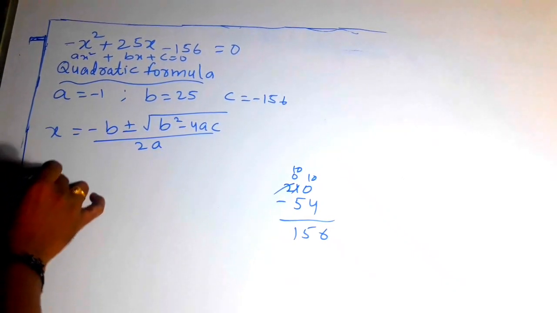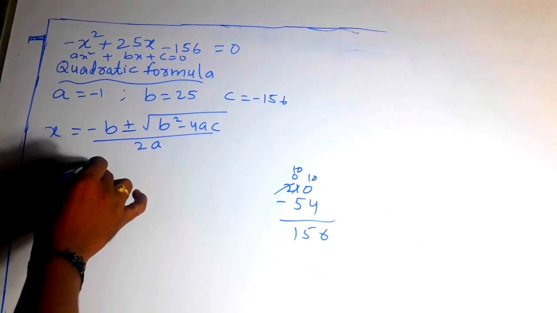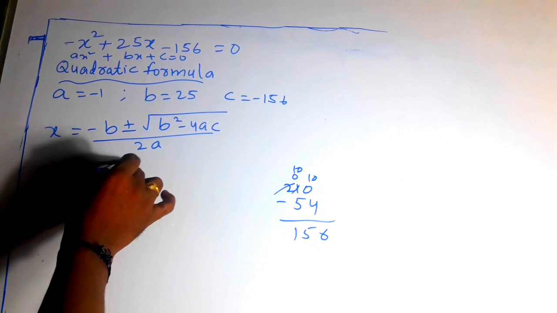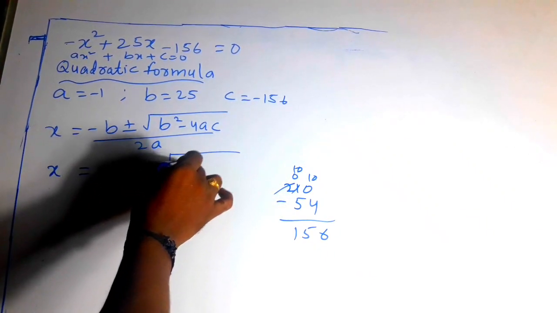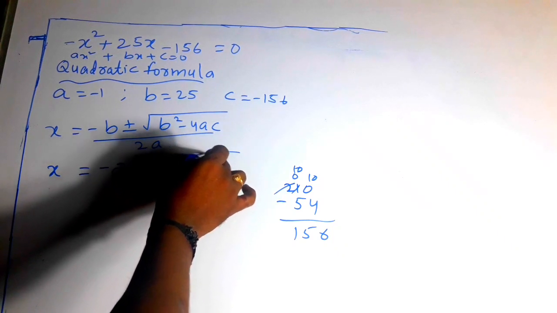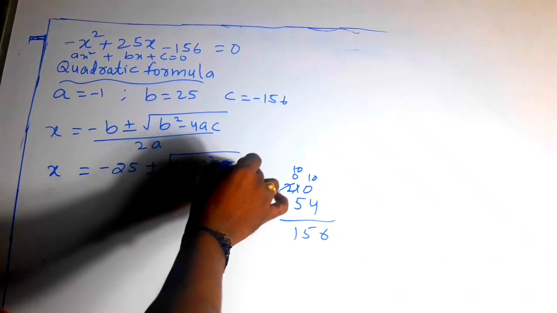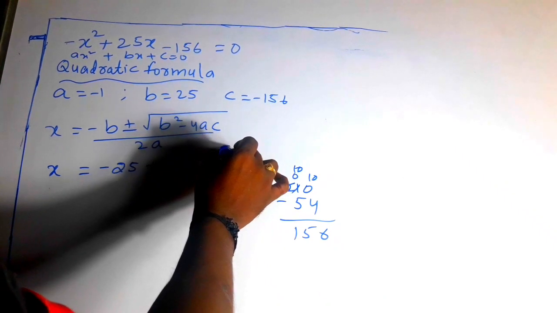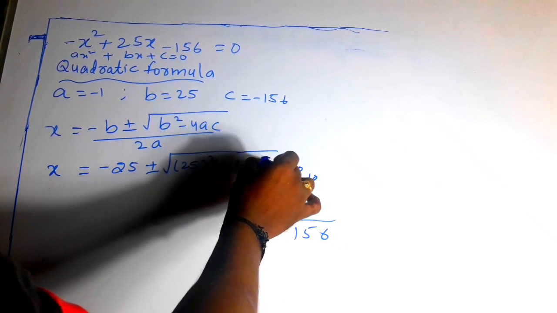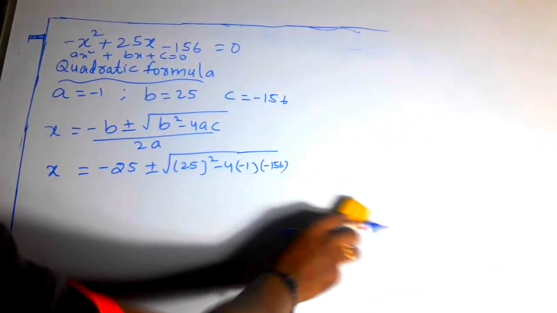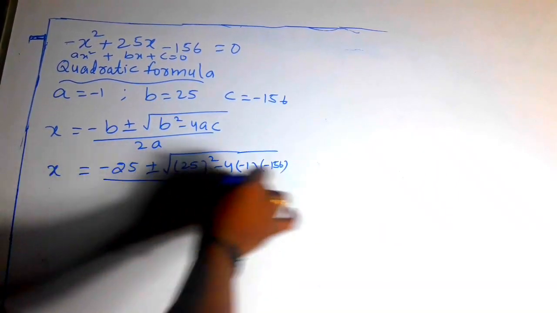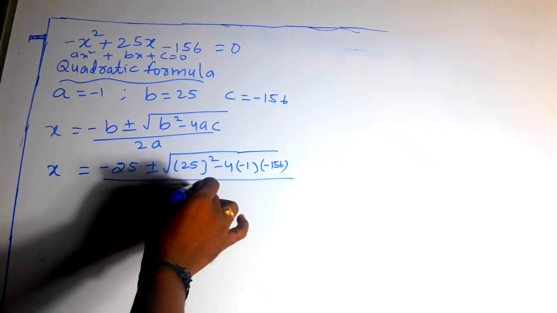Okay. So x is equal to minus b, minus 25, plus or minus under root 25 square minus 4ac, 4 into minus 1 into minus 156, by 2a, 2 into minus 1.